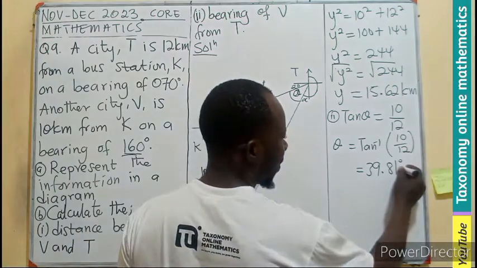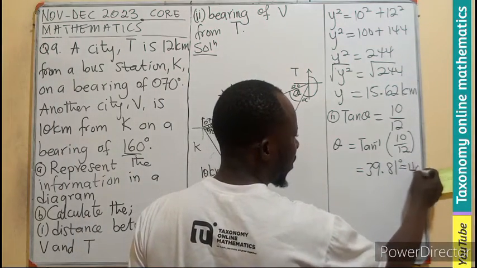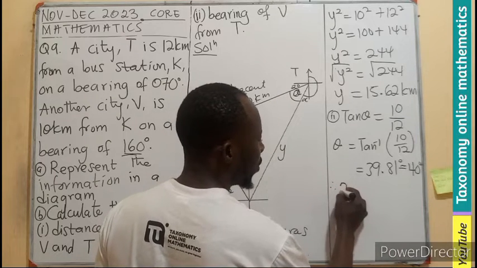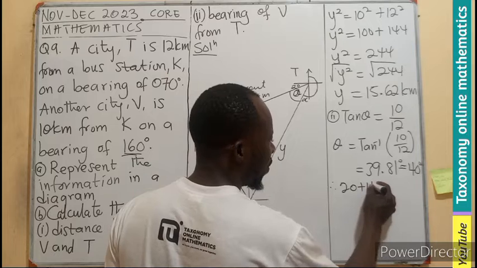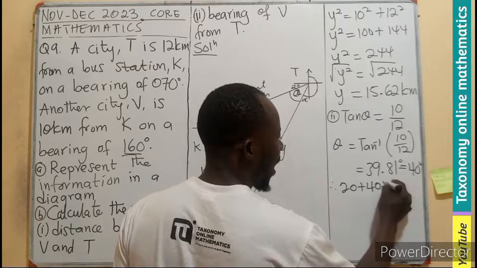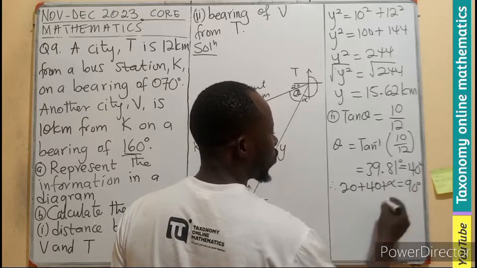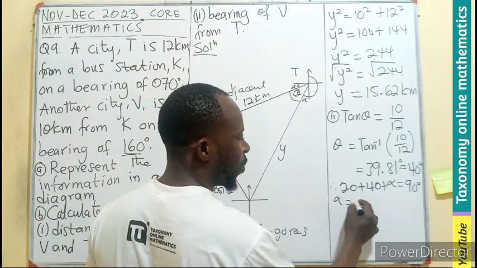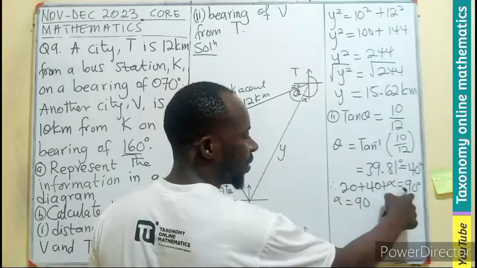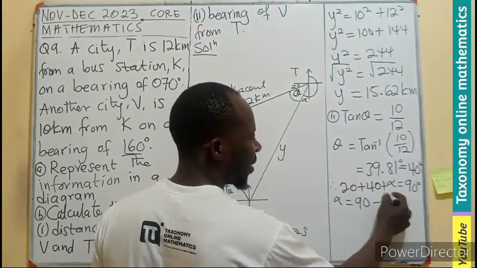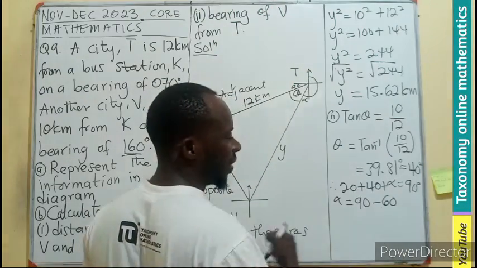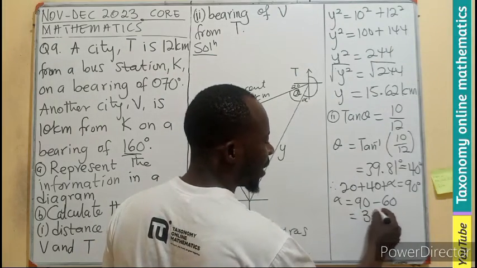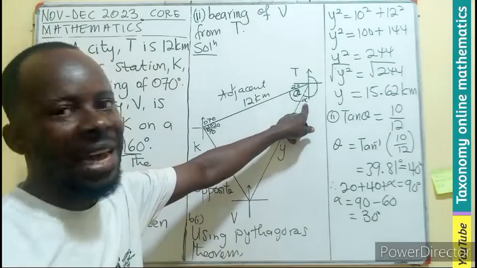So your alpha will equal 90 degrees minus 60 degrees, which gives 30 degrees. So alpha is 30.